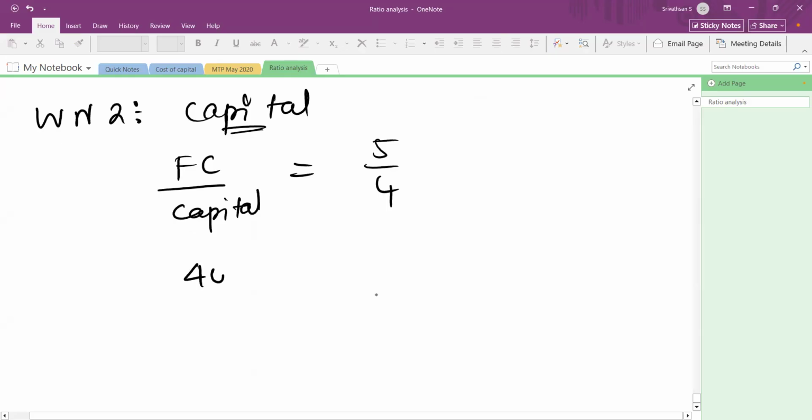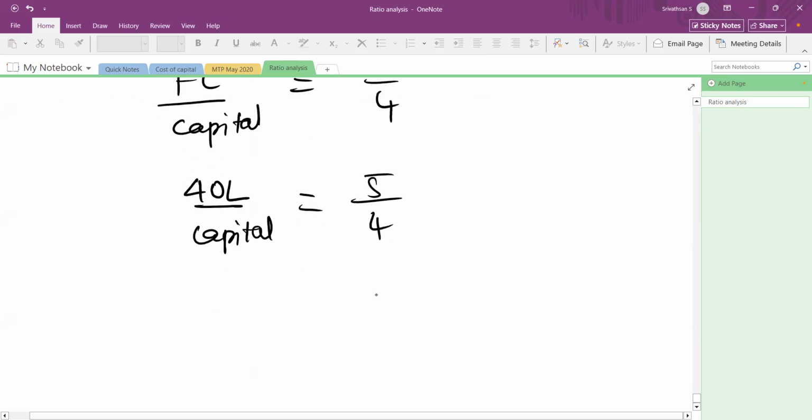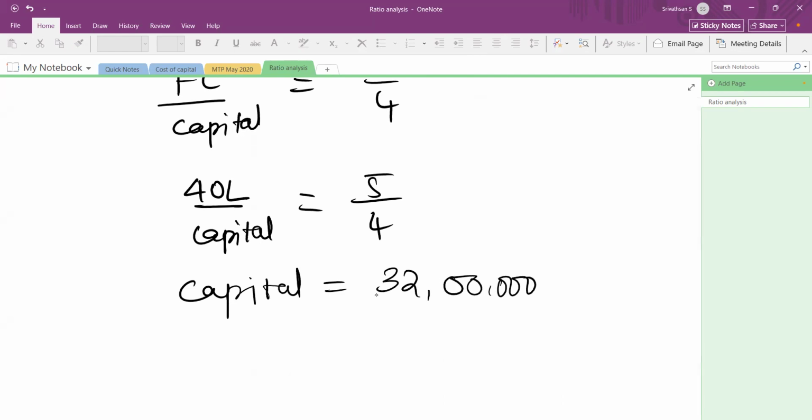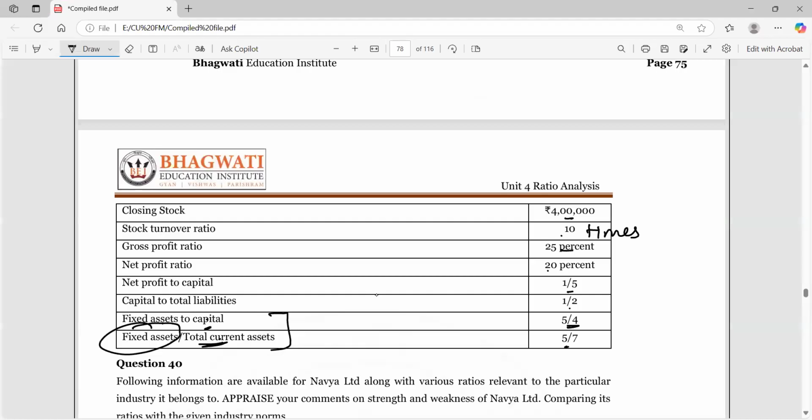So fixed asset is 40 lakh by capital is equal to 5/4. So how much do we get? What is the capital? 32 lakh. So far clears any doubt?